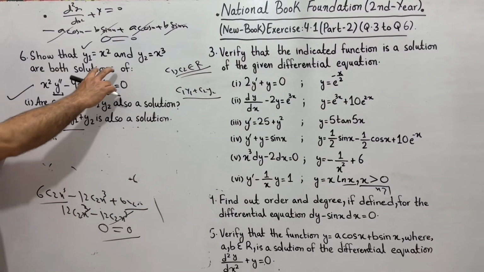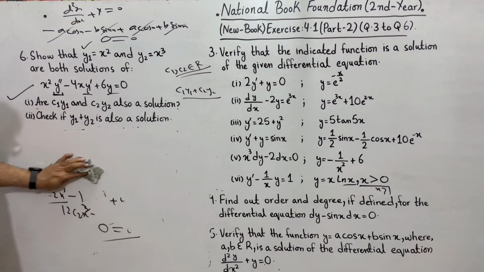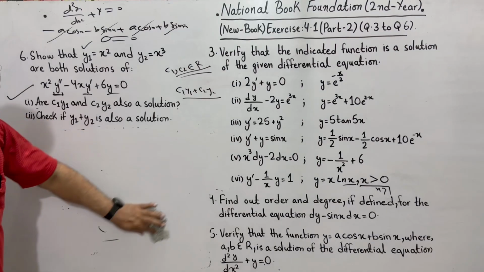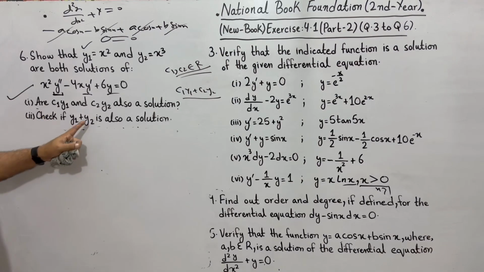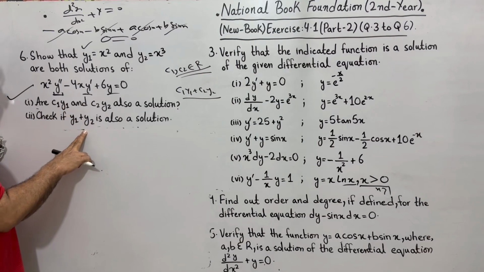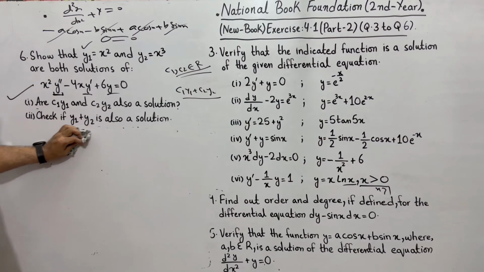Now, taking both these solutions at a time and plugging in, it is also a solution of this one. Independently, y1 is a solution of this one, y2 is a solution of this one, as well as c1 times y1, c2 times y2 is also a solution of this one. They are linear combination. Their sum and difference is also a solution of this one.